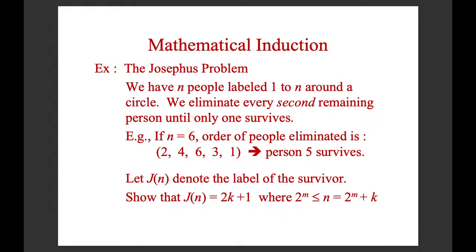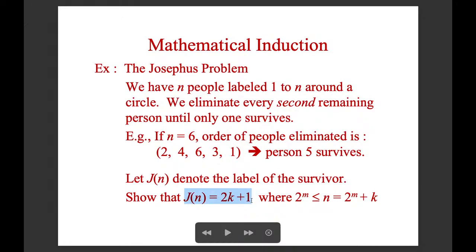Then you will see a certain pattern from which you can deduce J of n for the next value. Based on the observation, it is usually a good way to assume that it is correct and try to prove it. It turns out that you can make the observation and then show that this observation is really true.